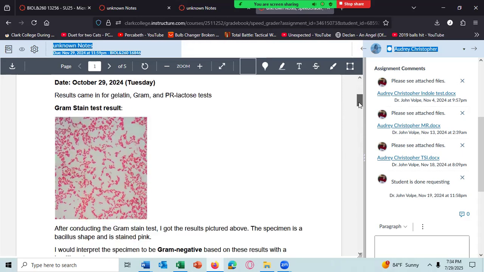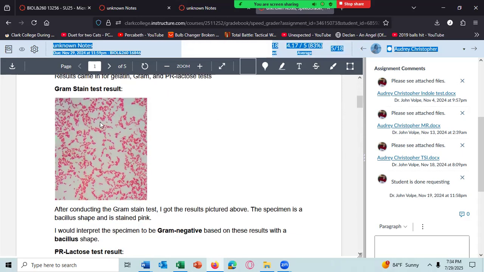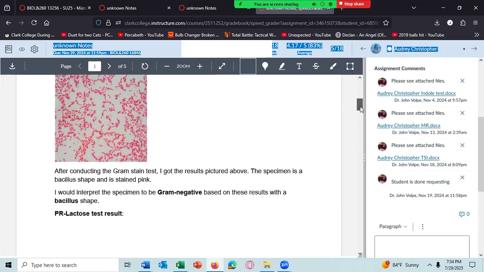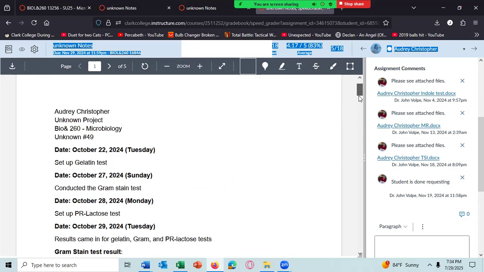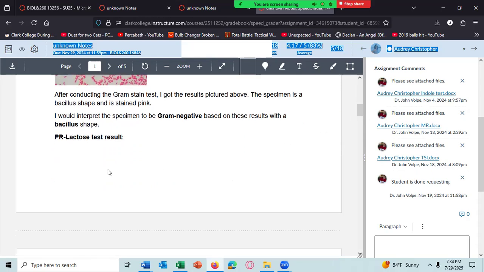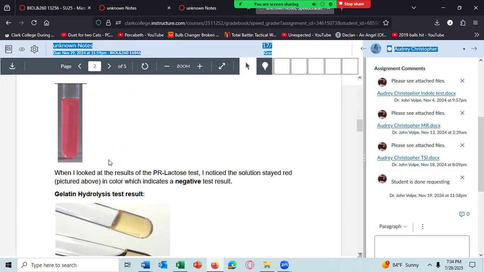They have the results, the gram stain, and they interpret this as gram negative. Where's the gelatin test? They next have the PR lactose test. There it is there. They interpret that as PR lactose negative.